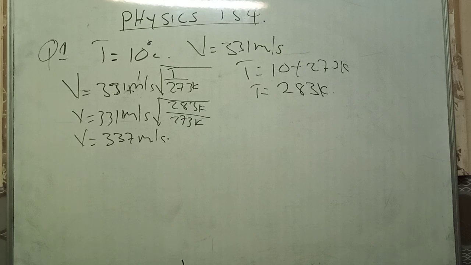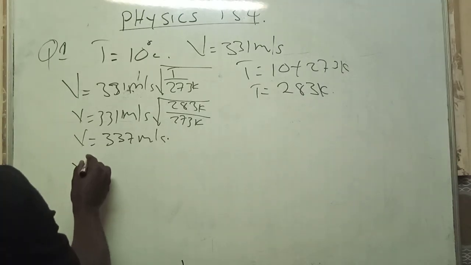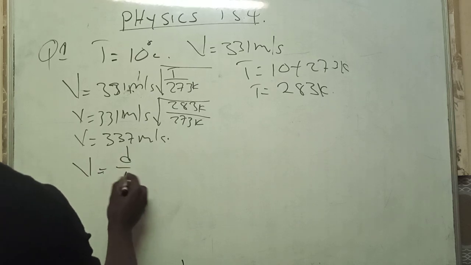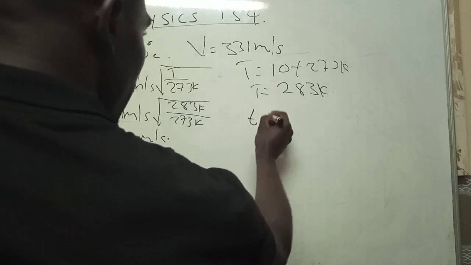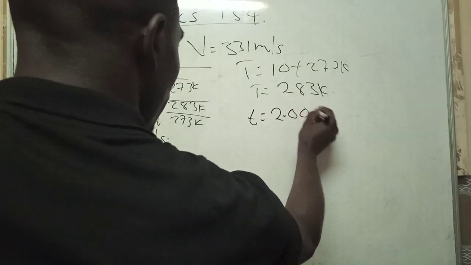But now the question is, we need to find the distance. The simple way we can do this is to use the formula velocity is equal to distance over time. We are calculating the distance and we have the time, which has been given as 2.00 seconds.